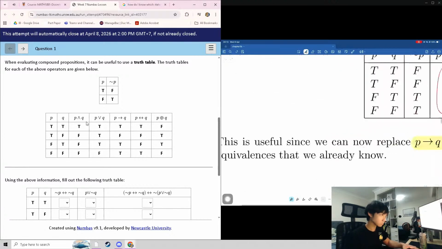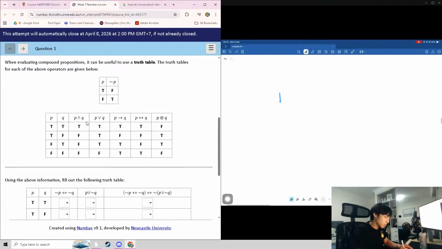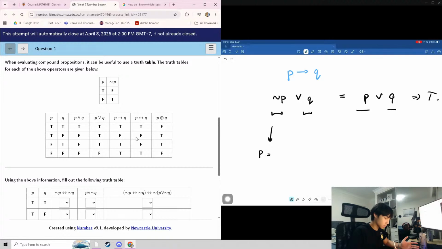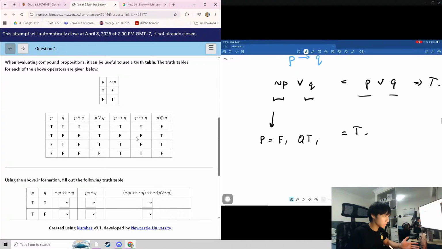Because P implies Q we can always rewrite as not P or Q. So just think of this as an or. If one of it is true, then the statement is true, right? We're given P is false and Q is true, so this is true.